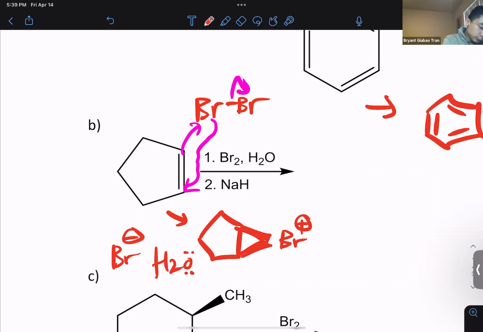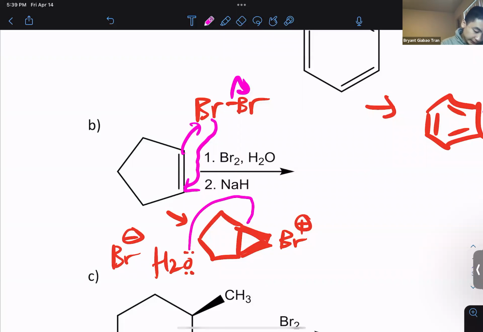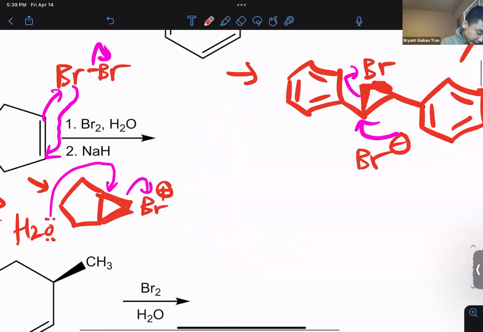And now we have a Br minus floating around and water floating around. Since we have water floating around, think of it as a solvent where we have a lot of excess water overpowering the bromine negative charge. So that means that the water group will attack instead of the Br minus group. That would give us this. So think of SN2 reaction where we invert the stereochemistry.